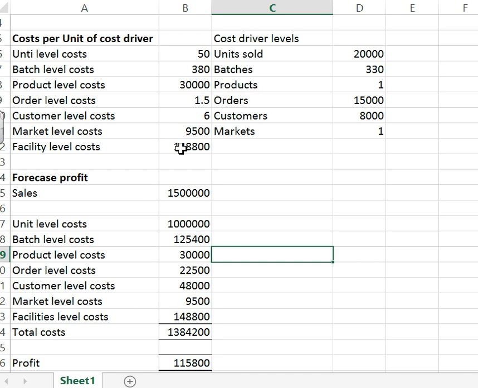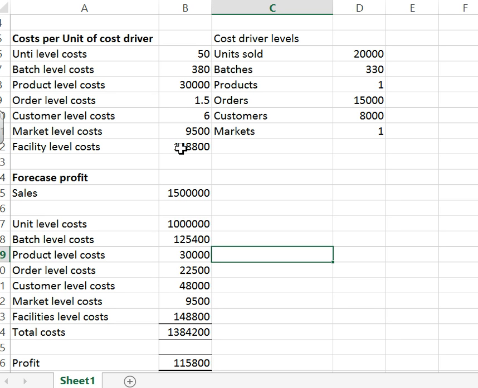Now, this all requires a fairly sophisticated level of costing in an organisation. So this isn't the sort of costing that you would do for a small organisation. This would be for a large organisation which had the capacity to calculate and record these costs at the different levels.